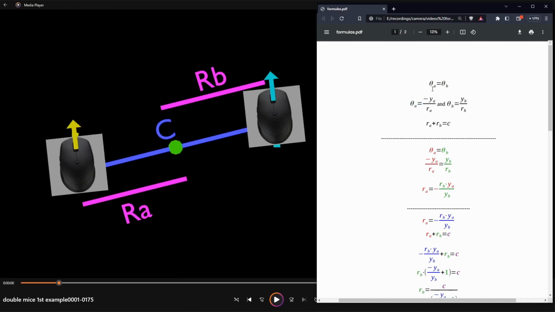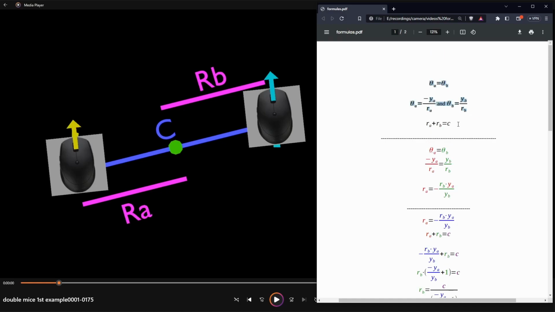Theta A is an unknown angle. Theta B is equal to A, but it's also unknown. YA is a known distance, and C is a known distance, and RA is unknown. So we have to somehow relate the known YA to the unknown theta A, because theta A is what we care about.